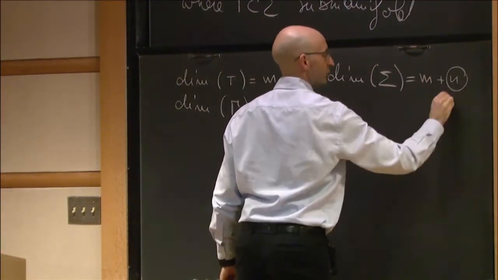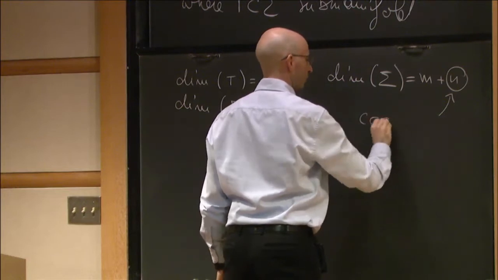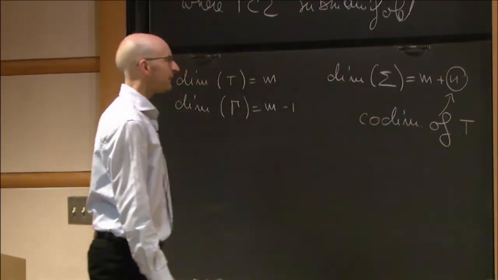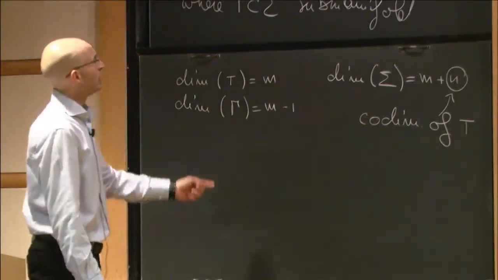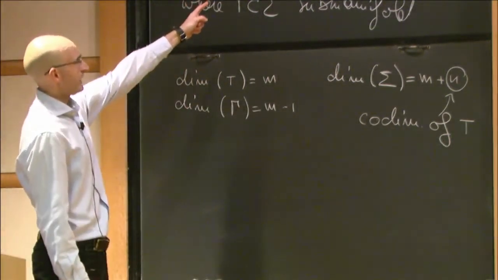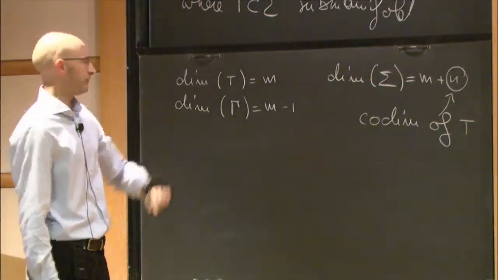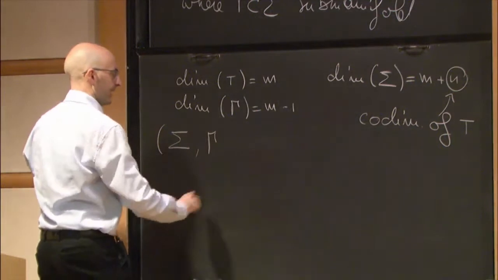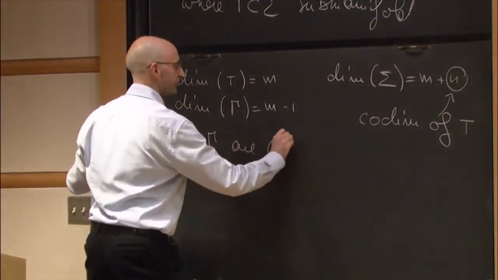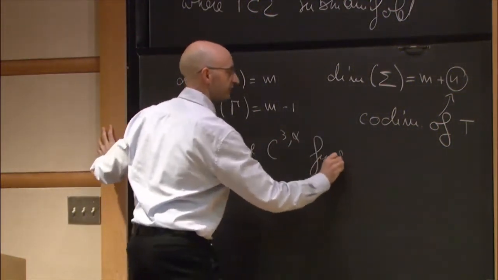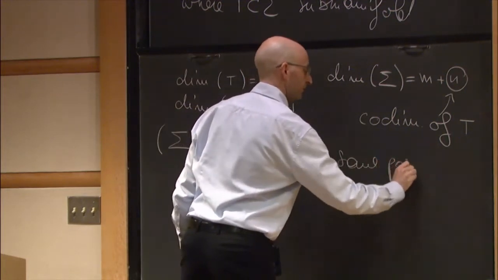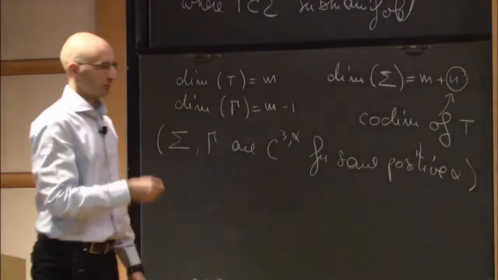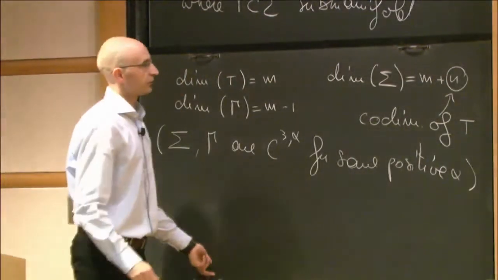So of course, n is going to be what we will often call the codimension of your minimizer T. Okay, and for the people interested in details, when I'm saying that sigma is a smooth Riemannian manifold and gamma is a smooth Riemannian manifold, what I actually understand is that both sigma and gamma are C3,alpha for some positive alpha. Okay, so in all the results that I'm going to tell you in this talk.